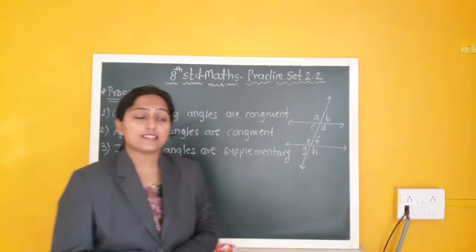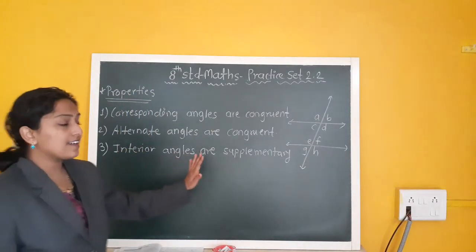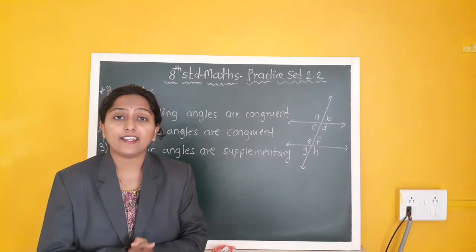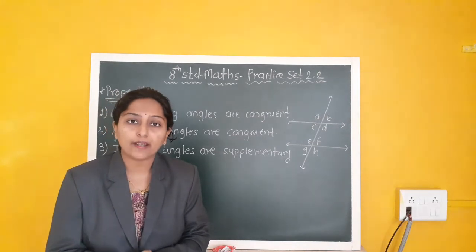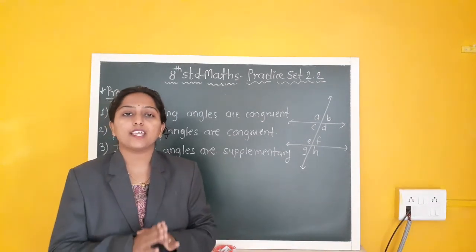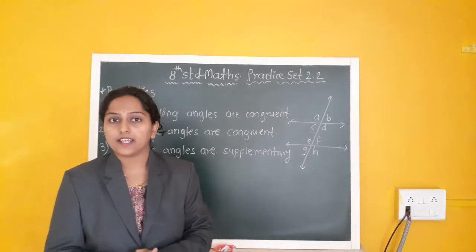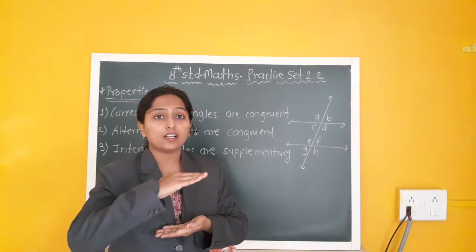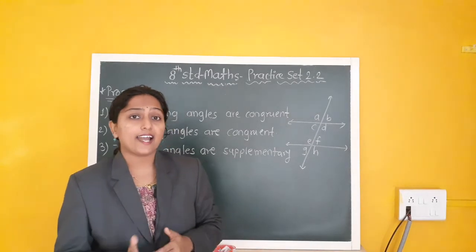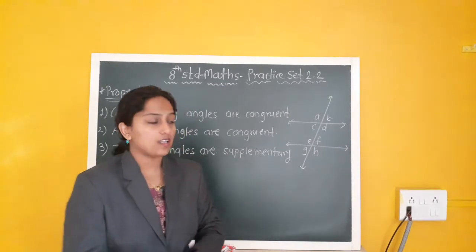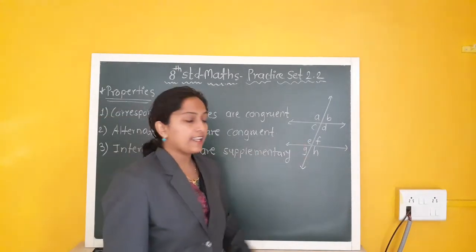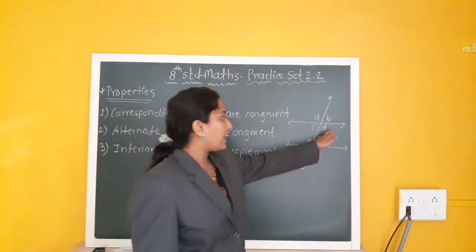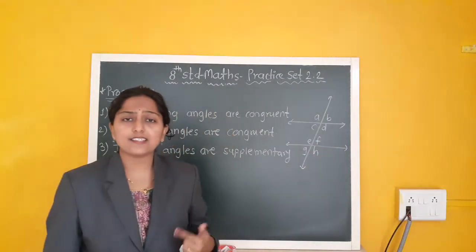Now the third property is that interior angles are supplementary. Interior angles are always supplementary, which means their sum is 180 degrees. Interior means the angles are between the two given lines and on the same side of the transversal. So here C and E are interior angles and D and F are another pair.